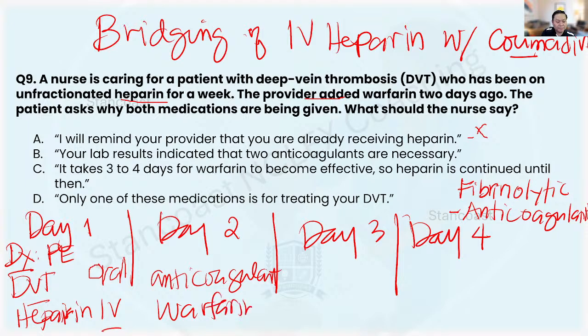And again, the warfarin will probably be included during the first day when the heparin was started, or probably a day after or 2 days. It depends on the medical provider. But again, the purpose for the warfarin is to bridge the anticoagulation.